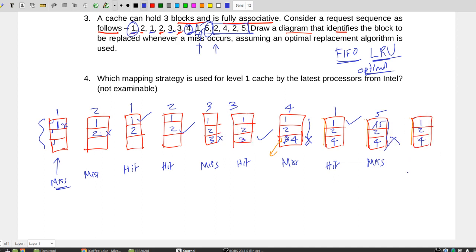And next block that is requested is 2. And 2 is already present, so you have a hit, right? And the next block to be requested is 4 and 4 is also present, so you have a hit.